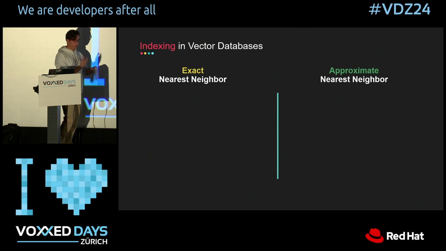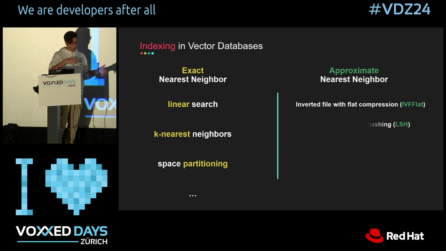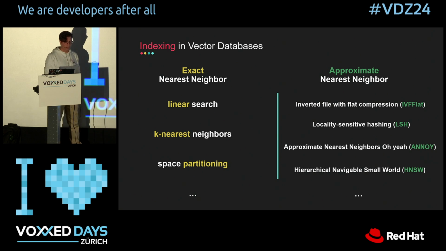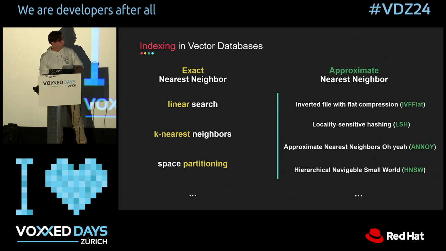Now, when we get to databases, one thing is very important, I think personally, and that is how they index your data, right? That's what you want. They have a lot of ways to do that, but the most popular are exact nearest neighbors or approximate nearest neighbor search. Linear search, for example, really fun to see, because as you can imagine, it doesn't necessarily scale very well if you do a linear search on your vector database.